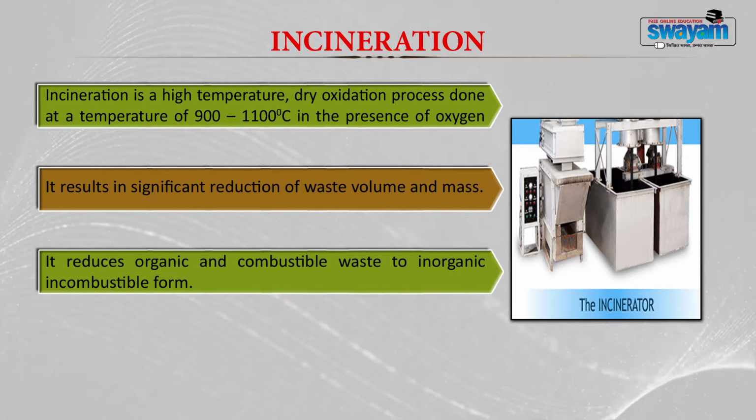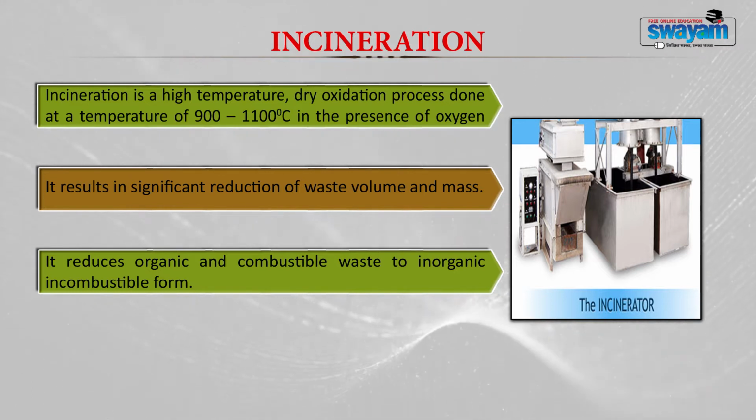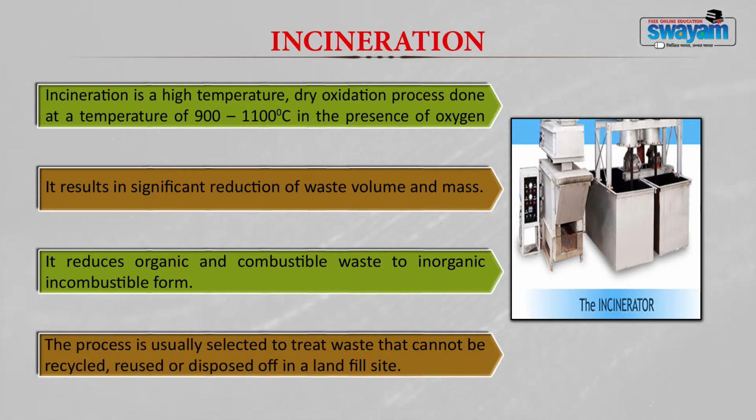As a result, it converts the organic and combustible waste into inorganic incombustible forms. That means it results in the formation of an inert material called ash. The process is usually selected to treat waste that cannot be recycled, treated or disposed of in a landfill. All biomedical waste should be subjected to incineration before being disposed of into any site.